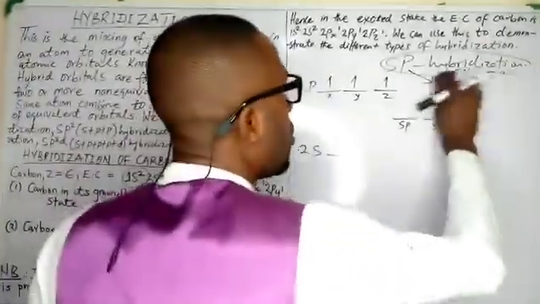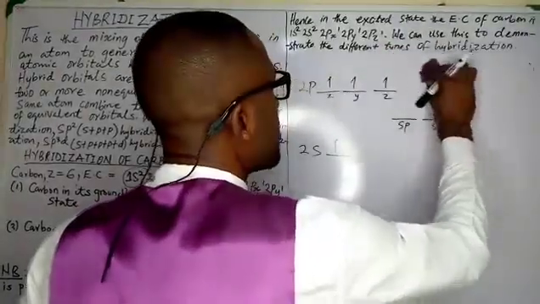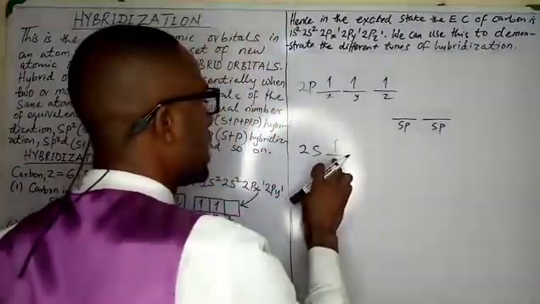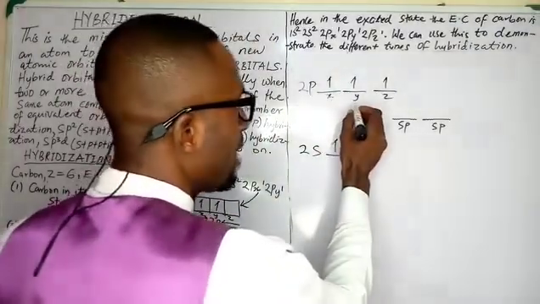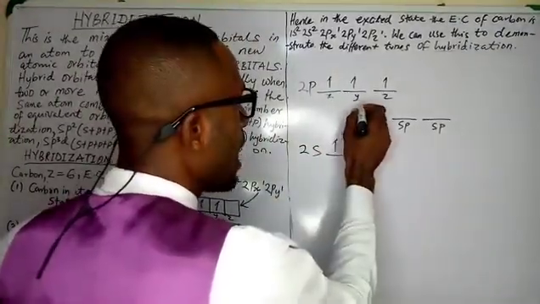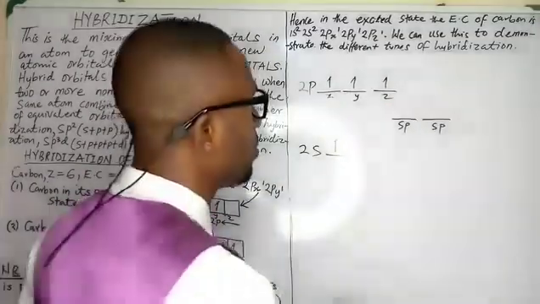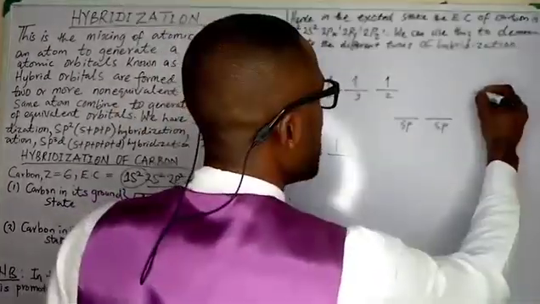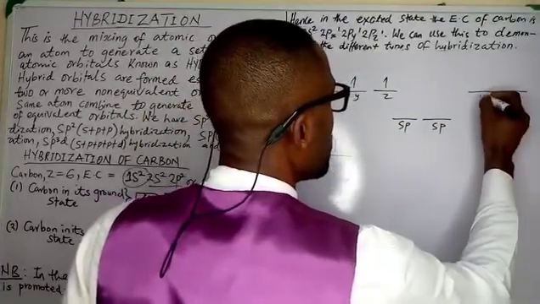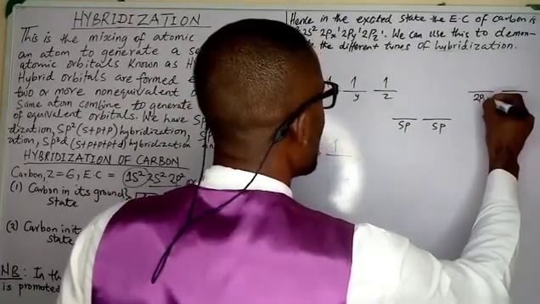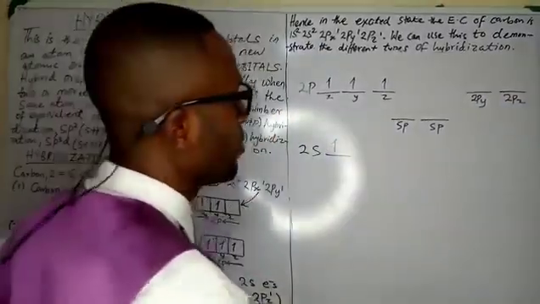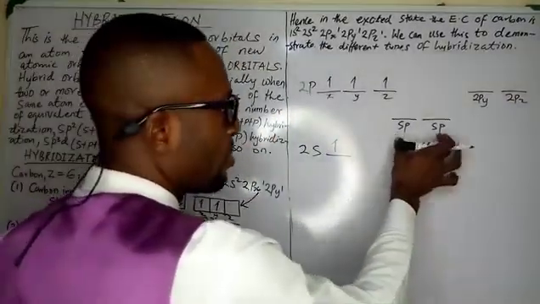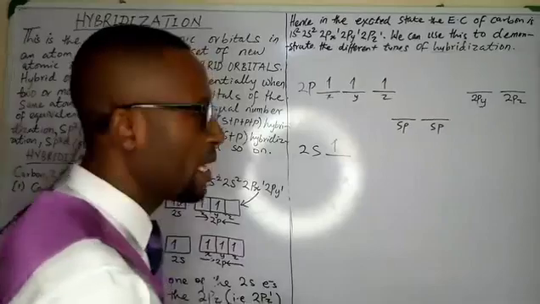But recall that when we combine this, we combine the s orbital with one of the three p orbitals. Remember, we still have our y and z of the 2p orbitals unhybridized, so they will remain at their level. So you have your 2py and 2pz. While you have the new hybrid orbitals, you also have two unhybridized orbitals.